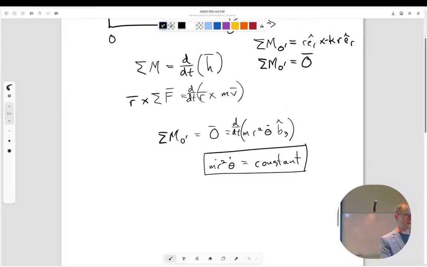The orbit's just not stopping because the only force is an eR kind of force. If R decreases, theta dot has to go up. If R increases, theta dot has to go down. So the further out you get, the slower you move, and the closer you get, the faster you rotate. Cool?